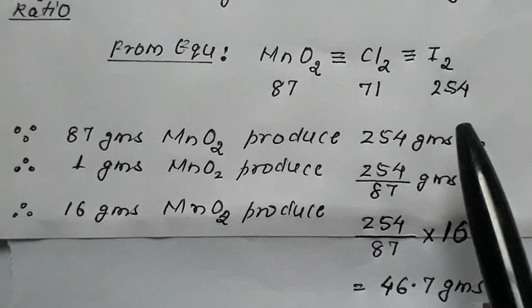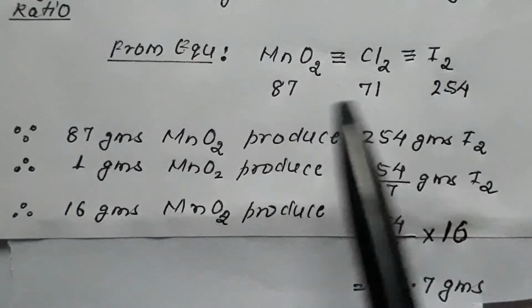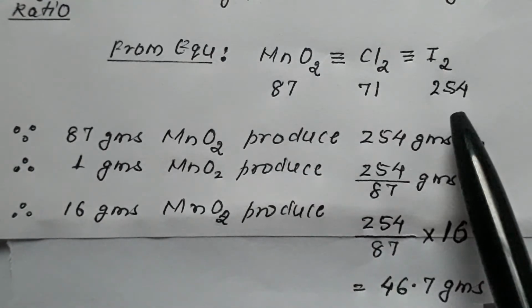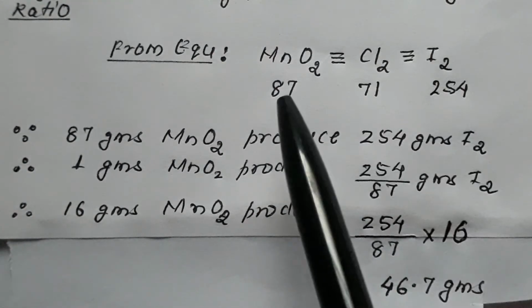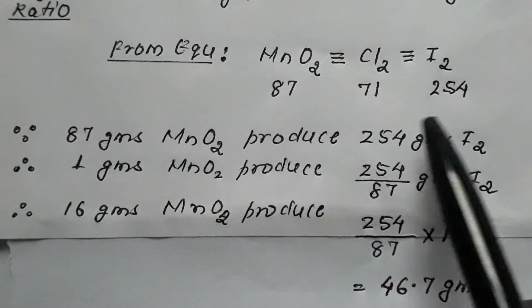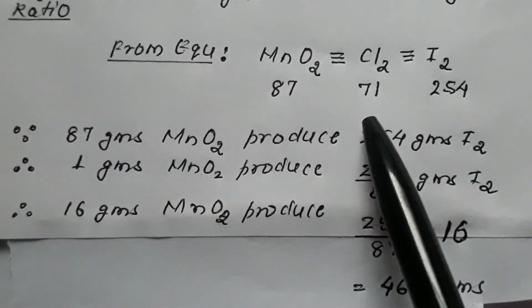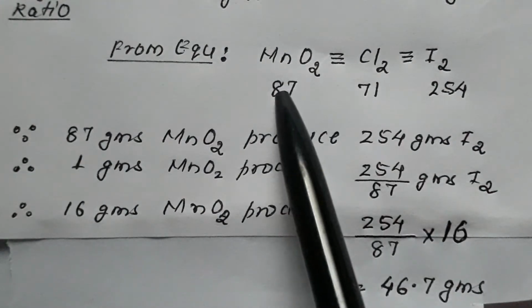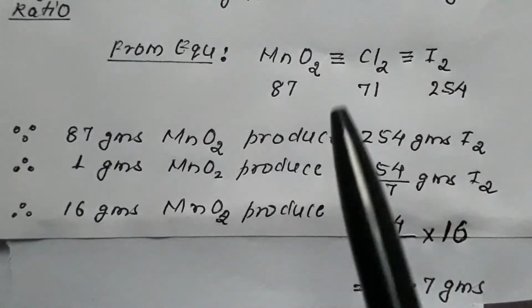In our case, we have been given MnO2 and we have been asked for iodine, nothing else. There is no consideration for HCl, and no consideration for chlorine. So just relate the two components which are associated.